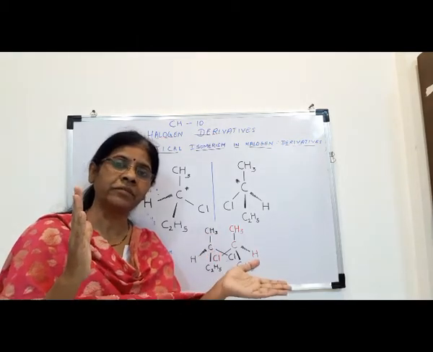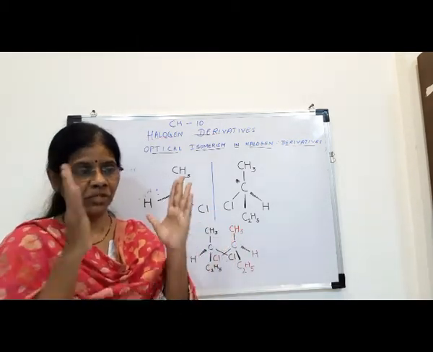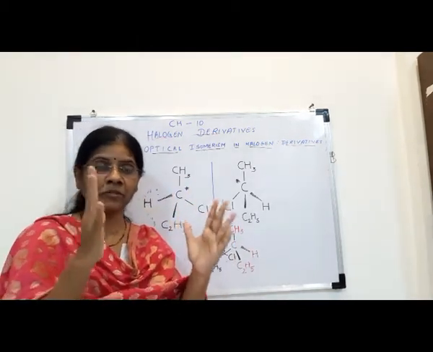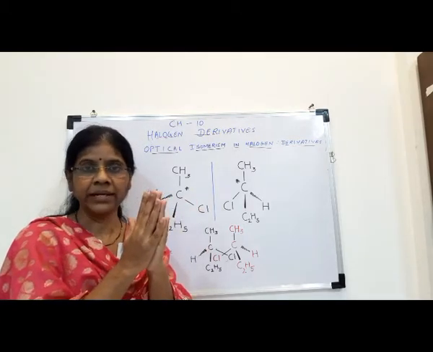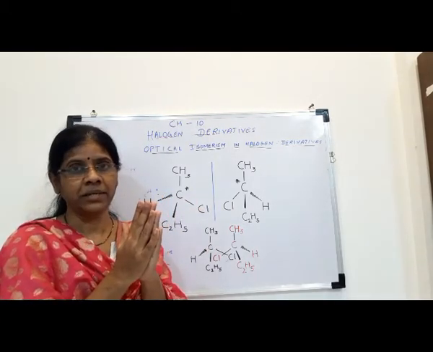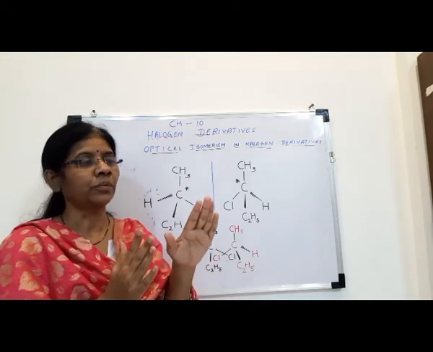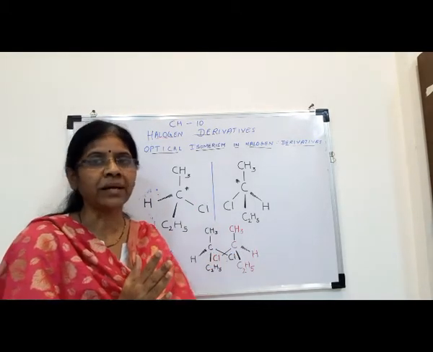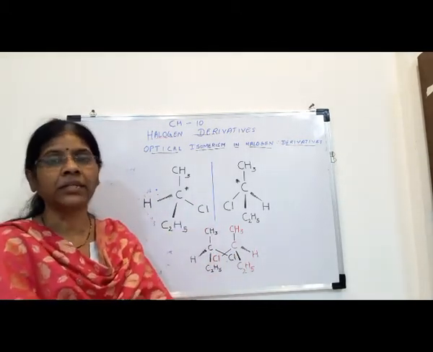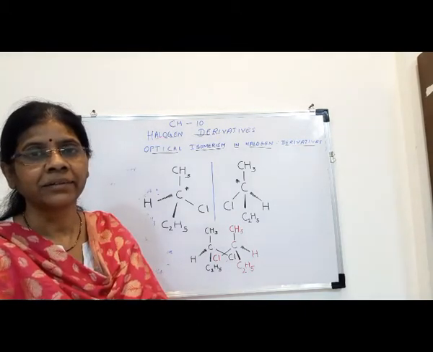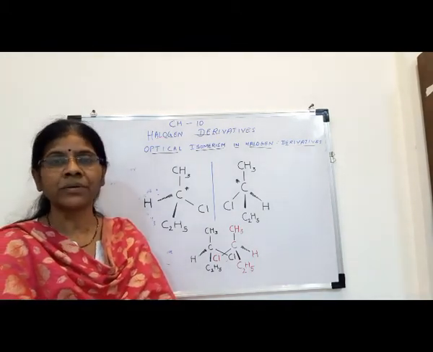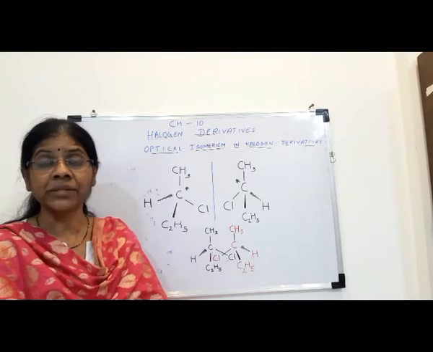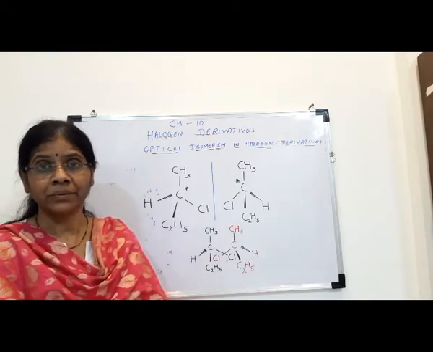What will I observe? I will observe my mirror image, the mirror image of my hand. Correct? But if I try to pick up this image and put it on the right hand, will all the points coincide? Will they coincide? No. Correct?